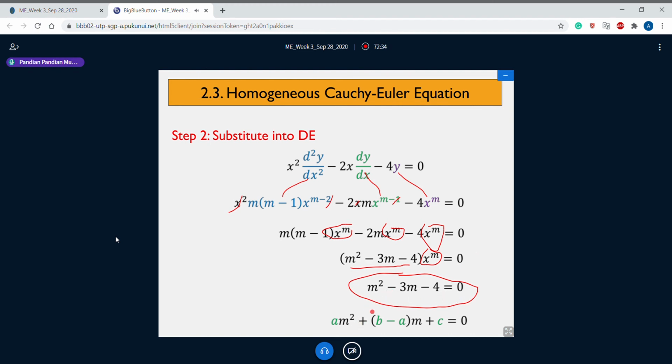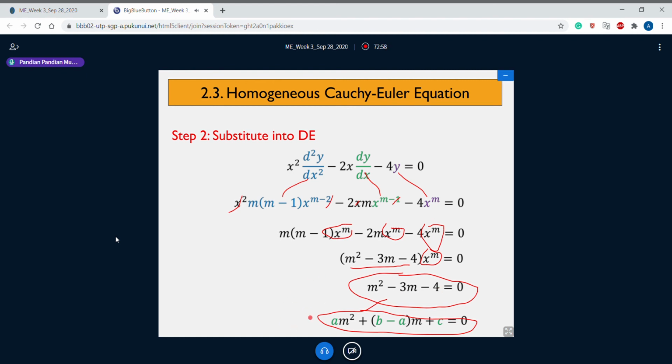And this term can be obtained from here also. That is the power of the shortcut. So if you substitute A is 1, your B is minus 2, and your C is minus 4, you get m squared minus 3m minus 4 equals 0.